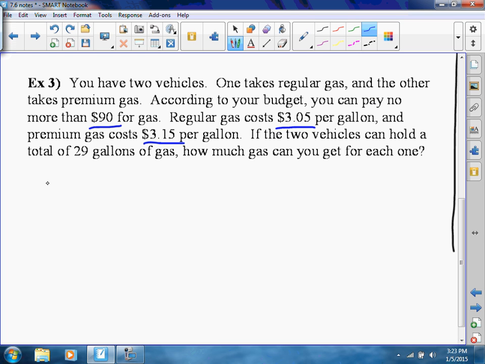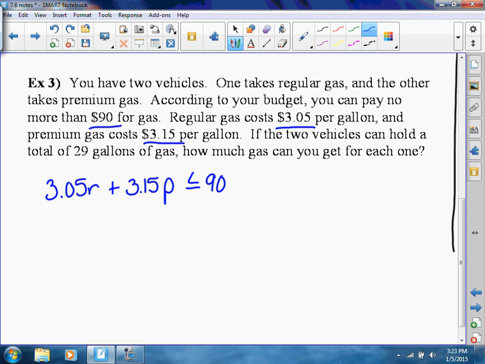So the 3.05, that was for the regular gas. And then the 3.15, that was for the premium gas. And then altogether, I can't go over $90. It says you can spend no more than. So you could spend equal to 90, but not more than it. So we want less than or equal to 90.